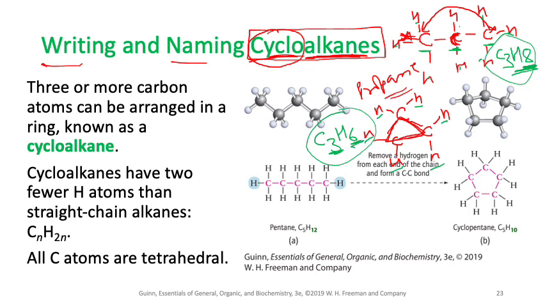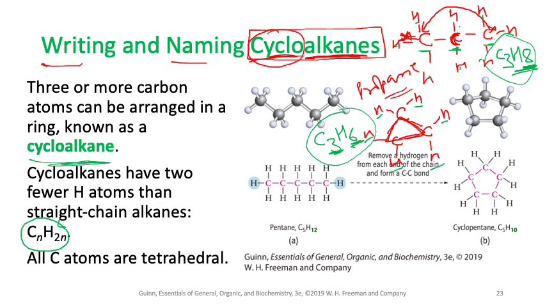So what we're seeing over here is that whenever you make a cyclic compound, we always have 2 fewer hydrogen with the same number of carbon. So that's why we're gonna use a different rule called CnH2n for a cycloalkane, right? You have to remember this concept, that the name is saying cycloalkane. Why is this a cycloalkane?